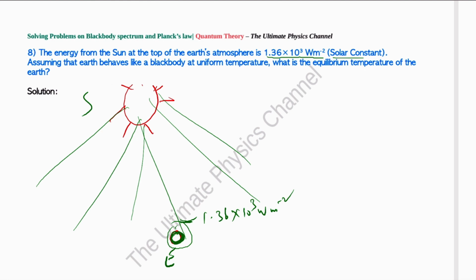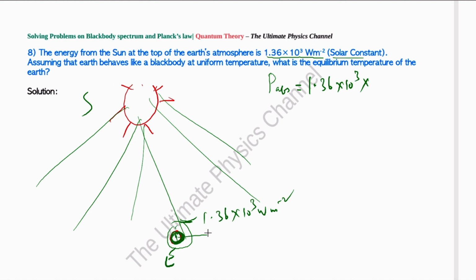Let me do that here. Power absorbed is equal to 1.36 into 10 power 3 times the area.